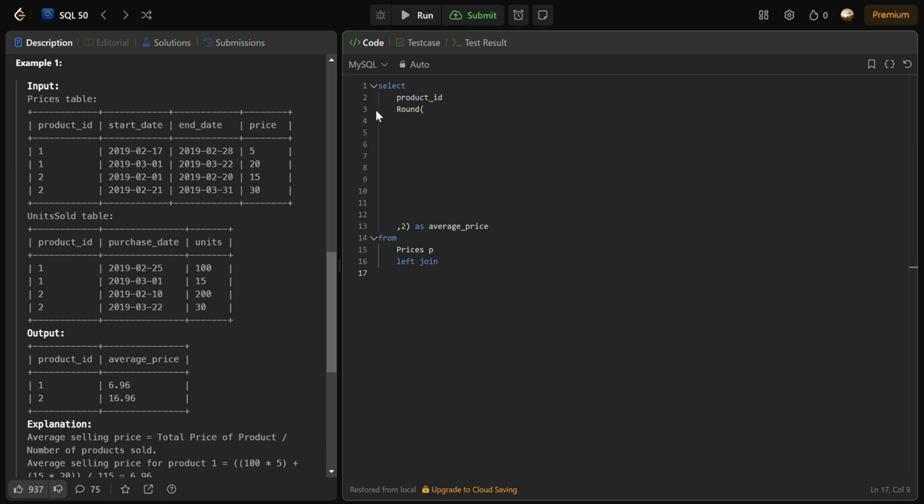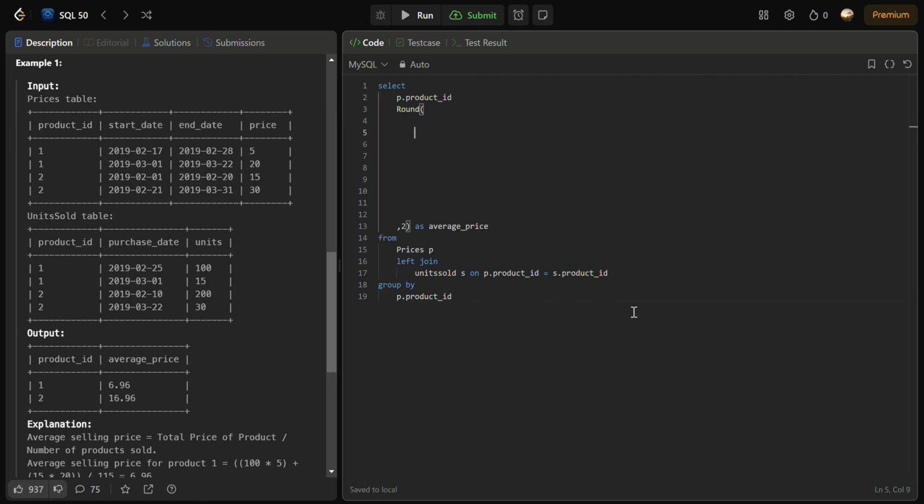So we'll left join that with unit sold, S, on P dot product ID, the matching columns, equals S dot product ID. And we'll group the records by the product ID, because we want this to apply to every product. So it's P dot product ID.